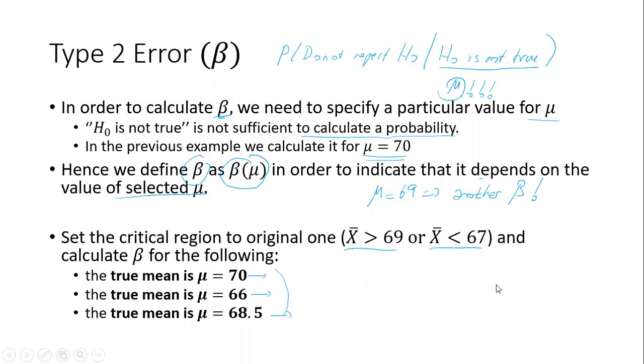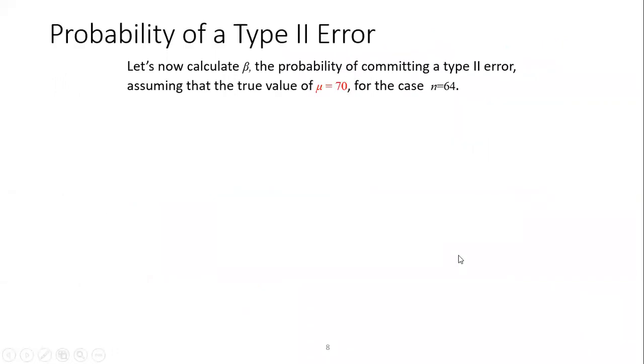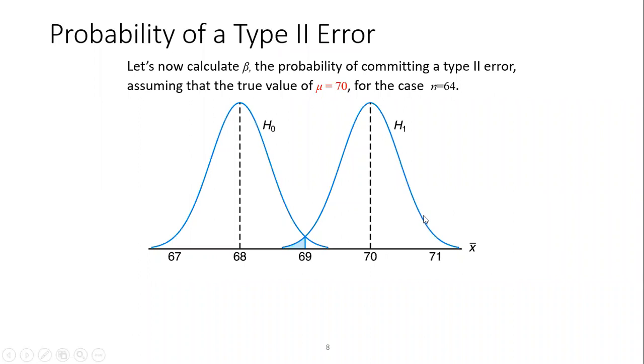So now let's try to see what happens in terms of probability plots. Remember, we say that type 2 error is the probability of not rejecting H0, which means it's between 67 and 69, given that mu is equal to 70, right?